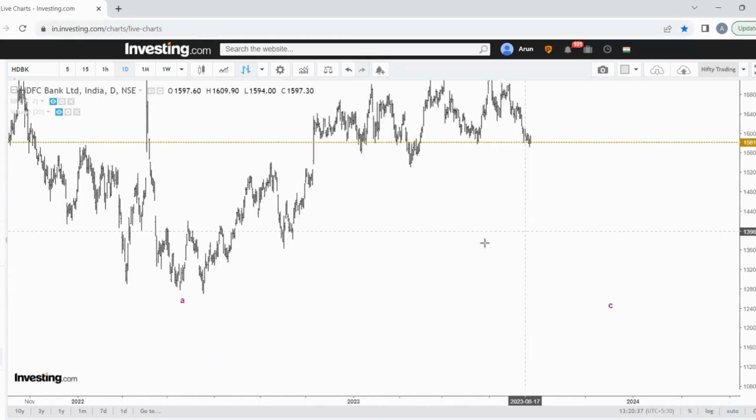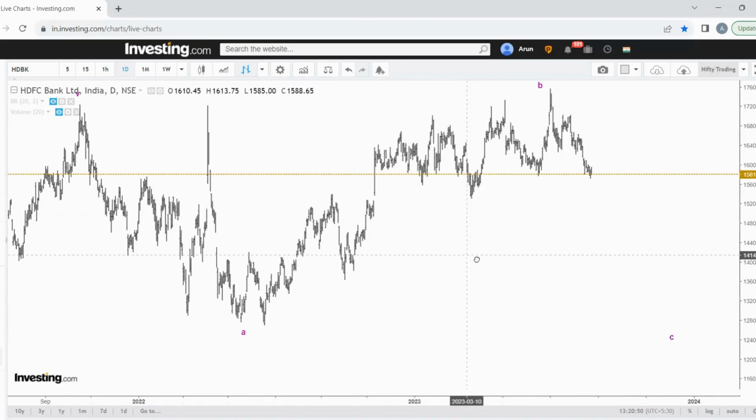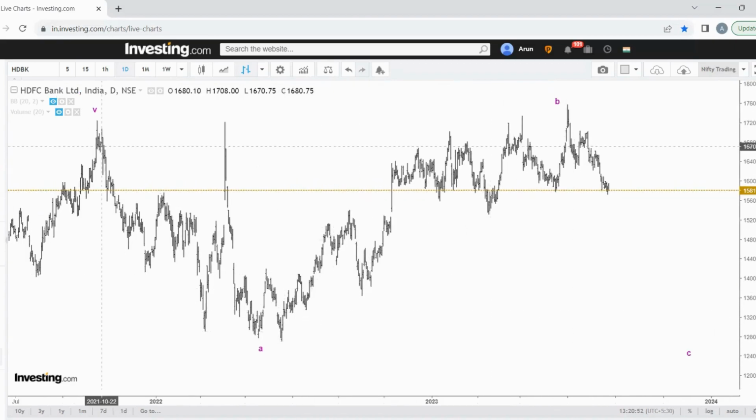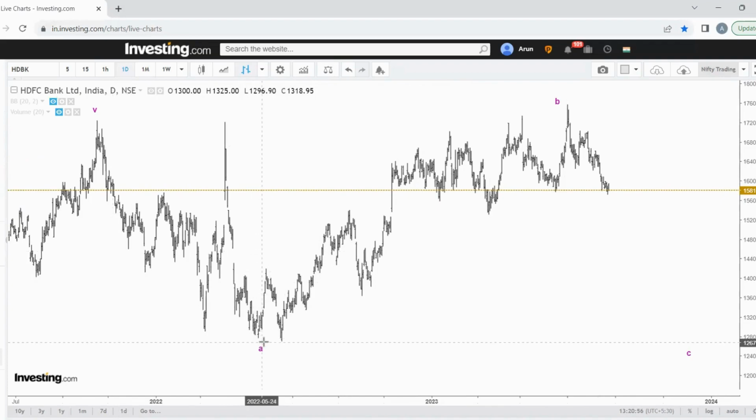So in daily, if we take it as 1, 2, 3, 4, 5, 2, and 1, 2, 3, 4, 5, it can be a 5, 3, 5 zigzag. How far does this A and B, A relate to C?